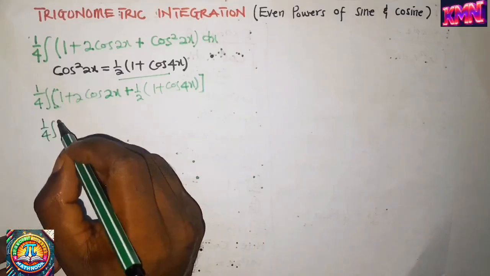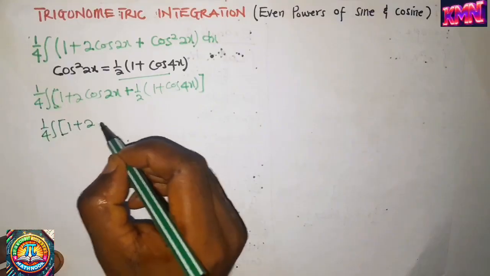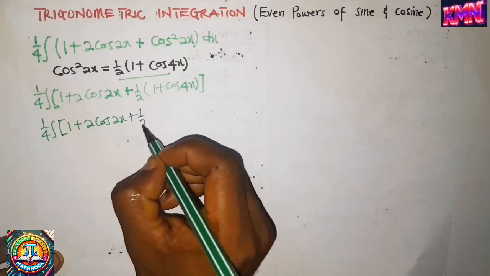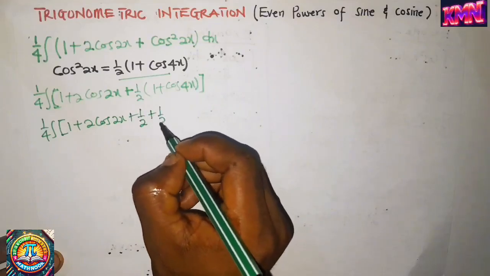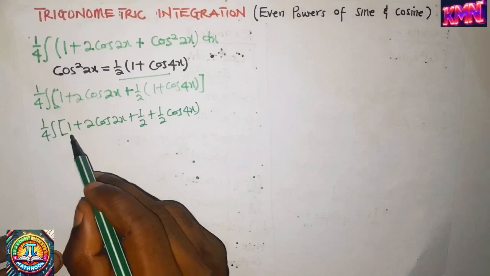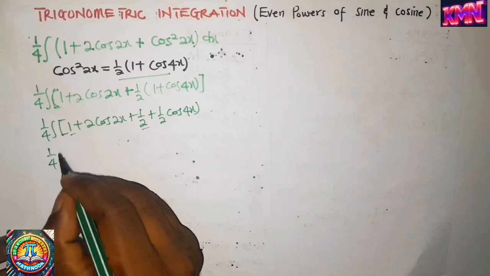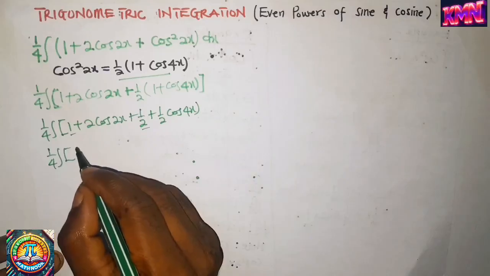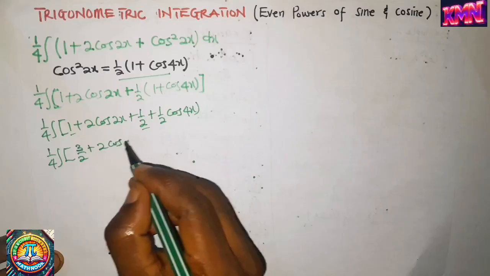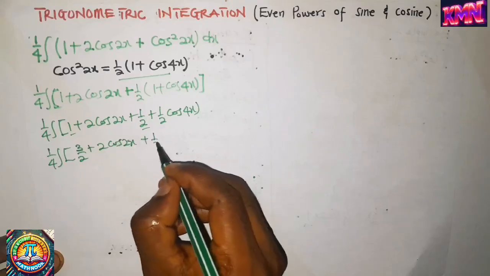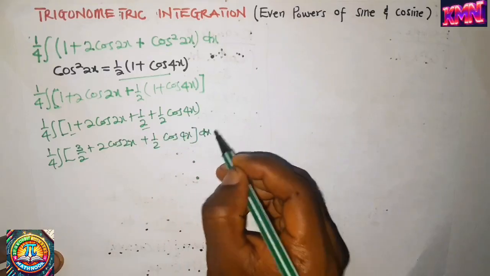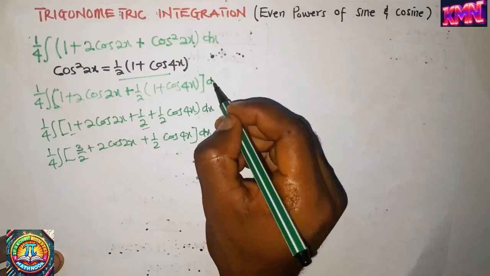Simplifying further, we get 1 plus 2 cosine 2x plus 1/2 plus 1/2 cosine 4x. Let's add the constants. Again, 1/4 integral of 3/2 plus 2 cosine 2x plus half cosine 4x dx.